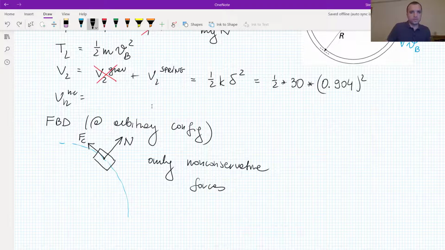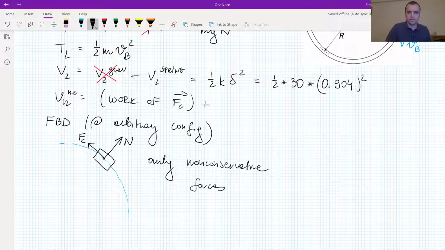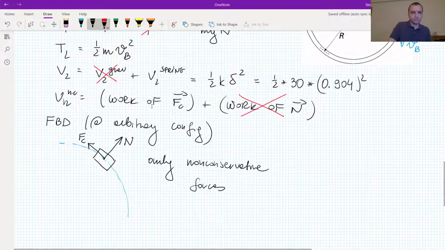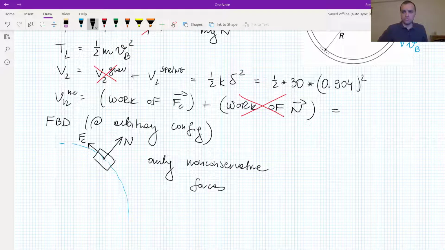Okay, so here we will have work of Fc plus work of the normal force. However, I think I already mentioned today that the work of reaction forces in our course is usually 0. So we can just focus on the work of Fc. Let's put it in more mathematical form.